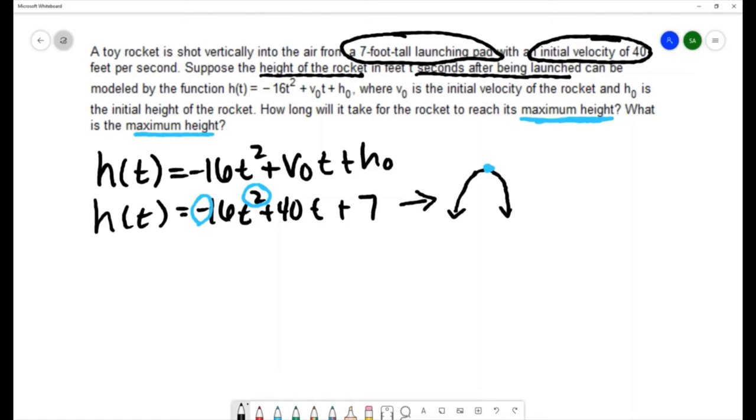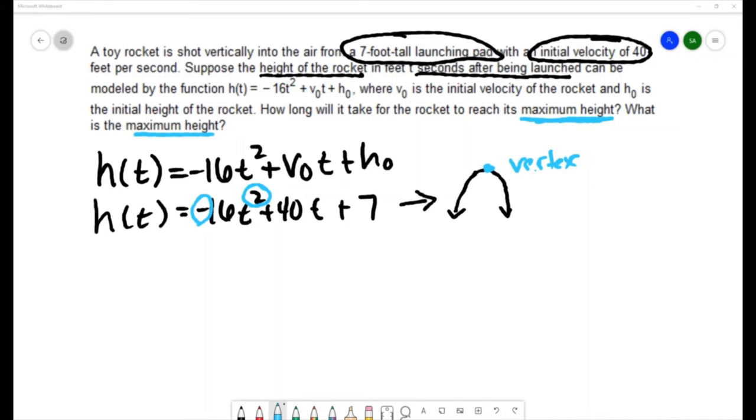So we're going to be able to find the maximum height at the vertex.